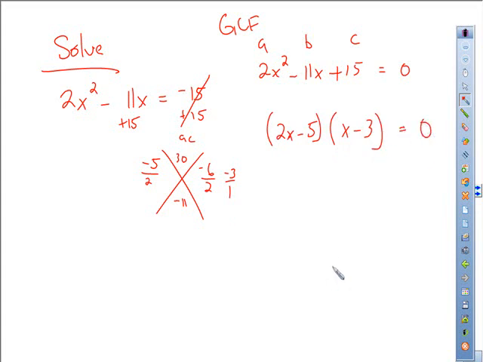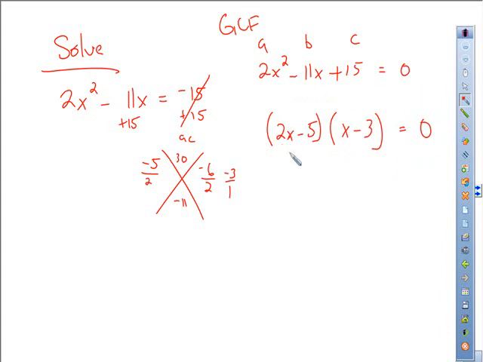Now let's think about the zero product property again. If we're multiplying these two factors, if this is equal to 0, it doesn't matter what this is, we're going to get a result of 0. If this is equal to 0, it doesn't make a difference what this is, we'll get a result of 0. So when either one of these factors equals 0, the whole problem will equal 0.